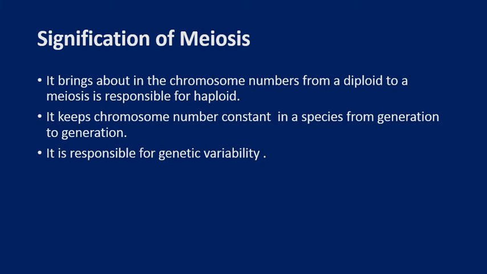It keeps the number of chromosomes constant in the species from generation to generation. So from one generation to the other, the number of chromosomes is kept constant, like in human beings 46.